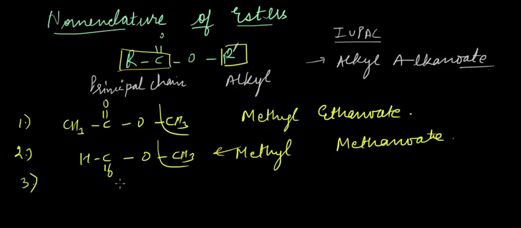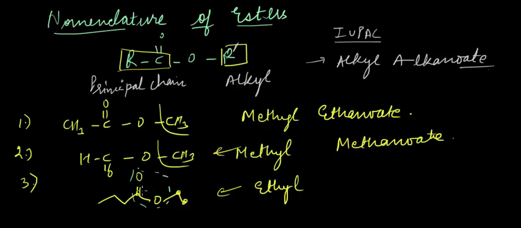We have something like this. First of all, get satisfied that this is an ester. So accordingly, we'll be naming this particular compound. As this chain contains two carbon atoms, it will be ethyl. And how many carbon atoms does this chain contain? 1, 2, 3, 4. The principal chain has 4. So this is ethyl butanoate.